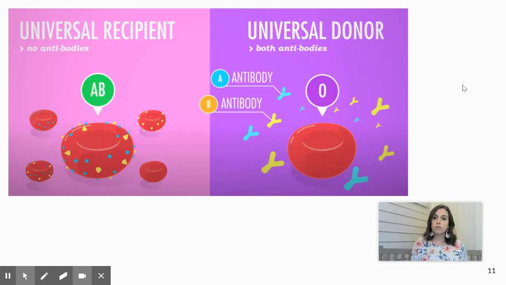Now, from the activity, the lab simulation, hopefully you could discern who the universal recipient and universal donors were. So what makes AB interesting is that we usually have antibodies for the antigens that we don't have. So, for example, I think this one's A blood, we have B blood.